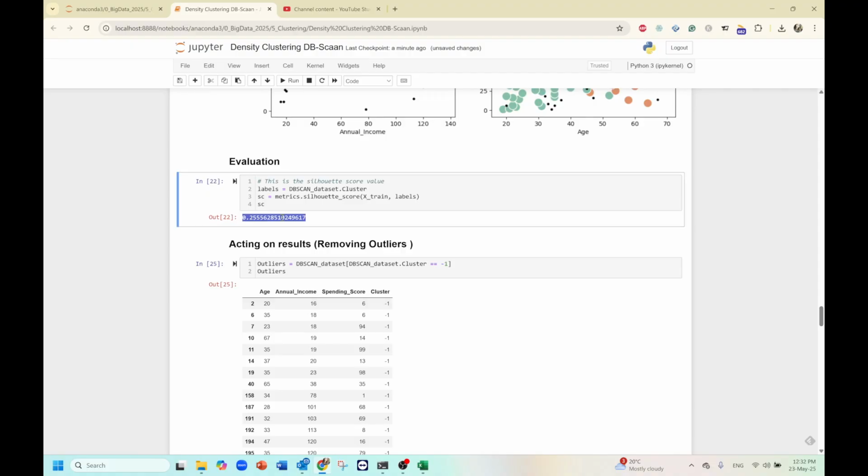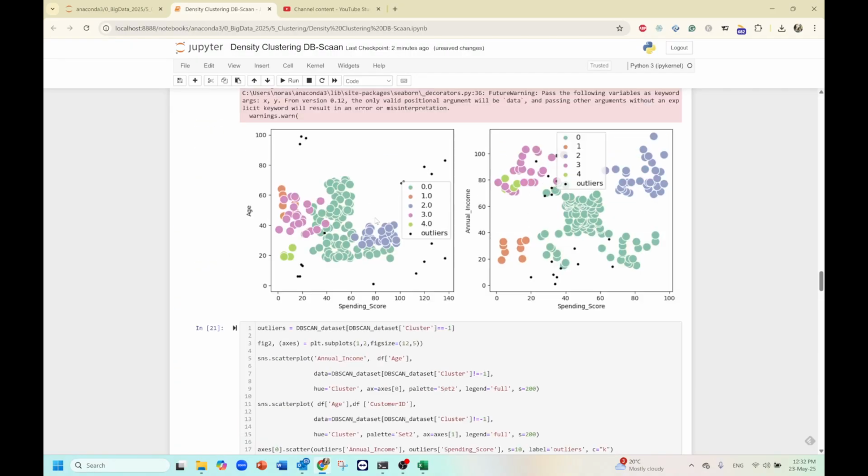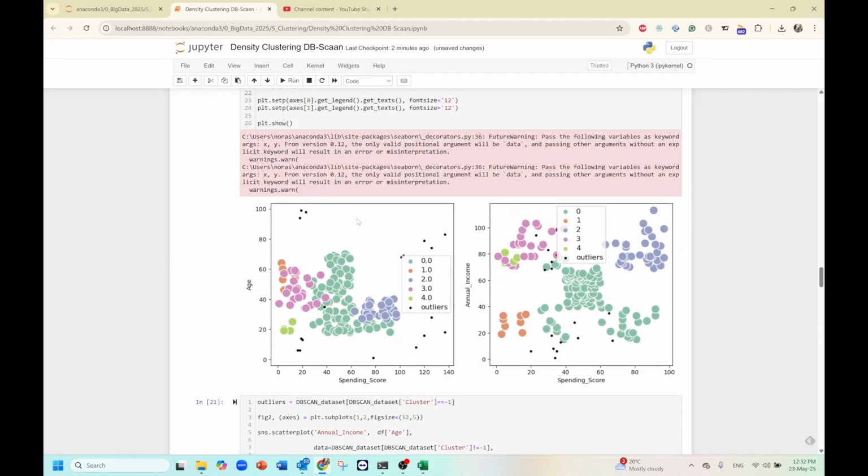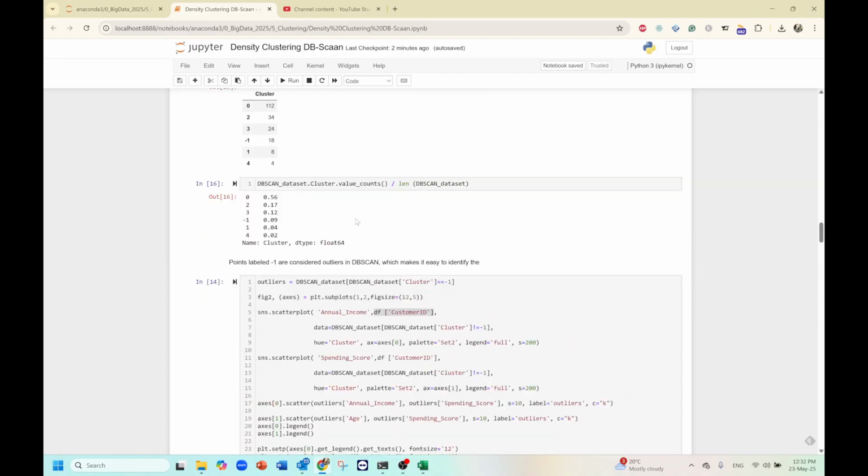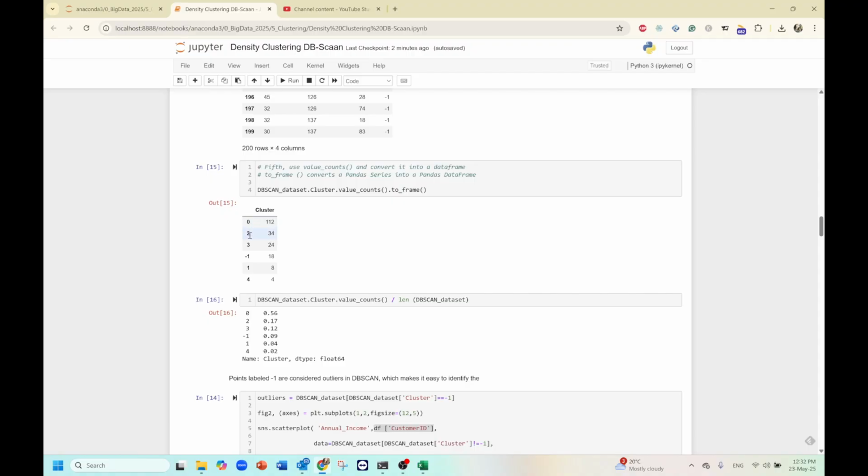Not just the evaluation metric, lovely people, but also the number of clusters that you've got. So over here, you've got around 1, 2, 3, 4, 5. This is an outlier, and actually, in reality, if you take a look, this is not even a cluster, and this is not even a cluster.